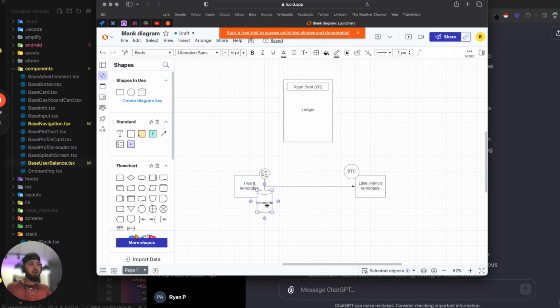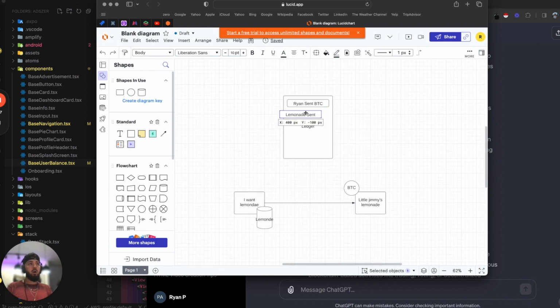And then we need the lemonade sent back. Lemonade sent back. And you're instantly going to say, well, what if I send the Bitcoin and then the lemonade wasn't sent? Well, this would never occur. Believe it or not, there's these things called atomic functions.